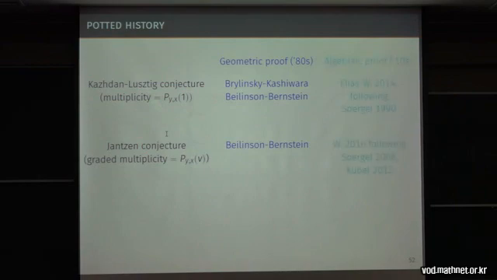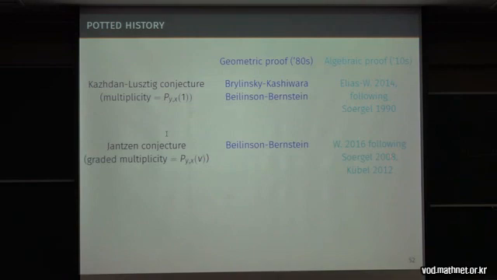And then we established algebraic proofs of these. The algebraic proof of the Kazhdan-Lusztig conjecture was obtained with Ben Elias in 2014, following some highly influential ideas of Wolfgang Soergel in 1990.